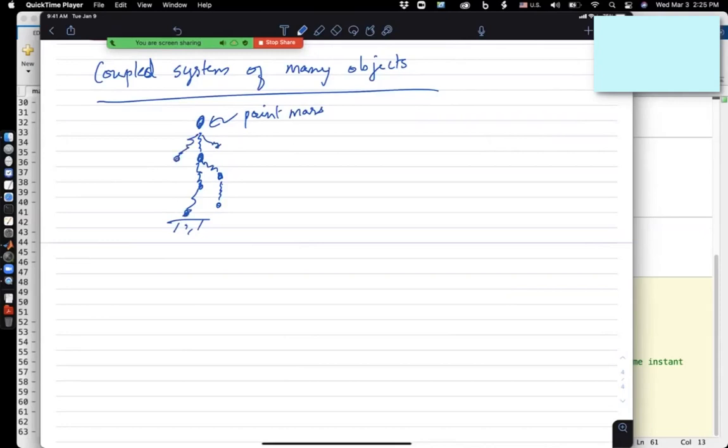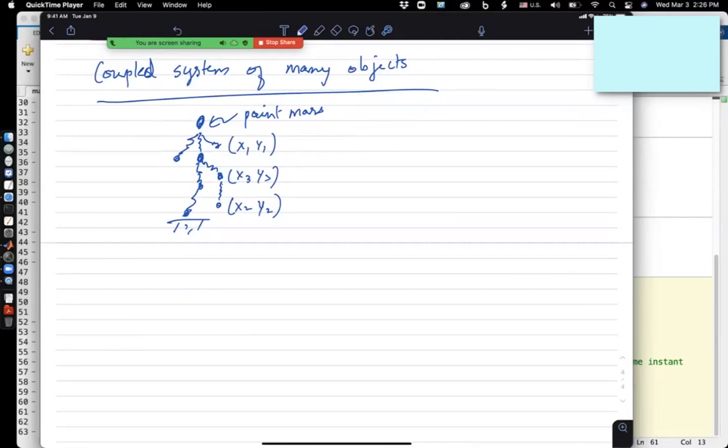Okay, and let's say we have x1, y1, x2, y2, x3, y3. So these points are denoted by x1, y1, x2, y2, x3, y3, and so on. So you can write differential equations.